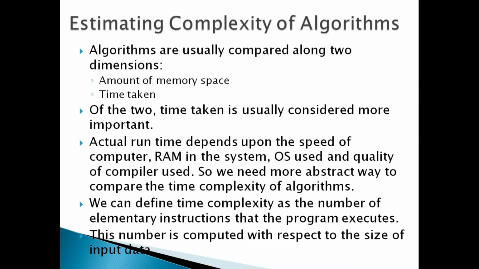You cannot fix a particular speed of a computer, amount of RAM, operating system or compiler, as they may vary. So how to define the complexity? You require a more abstract way to compare the time complexity. How will we do that?